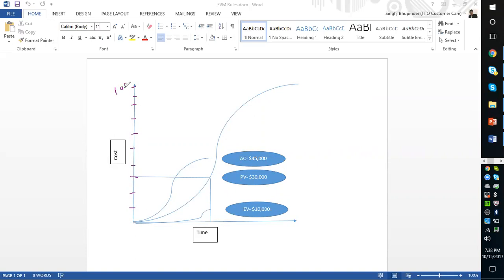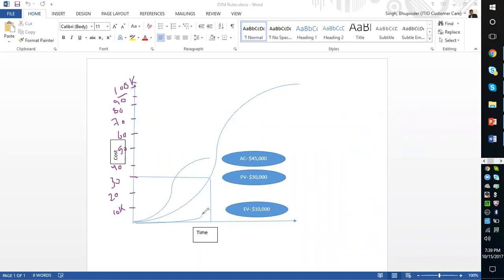Of course, this is not exactly the same scale, just to give you an idea. 10,000, 20, 30,000, this is 40,000, let's say this is 50K, 60K, 70, 80, and 90,000. We plan the project to be completed by spending $100,000. So what's my budget? My budget is $100,000. That's what I planned for in the beginning.